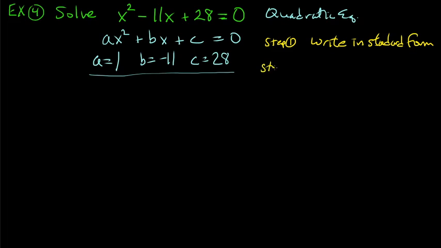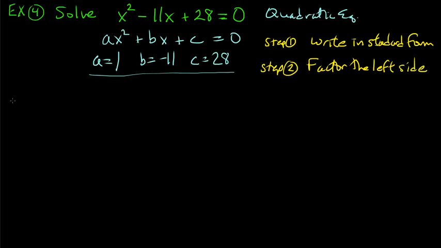So step 2, we are going to factor the left side of the equation, although it could be the right side if 0 is on the other side here. But in most cases, the 0 will be on the right, so we want to factor the left side.